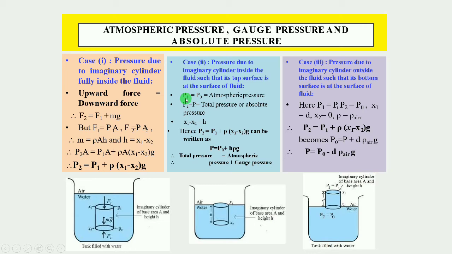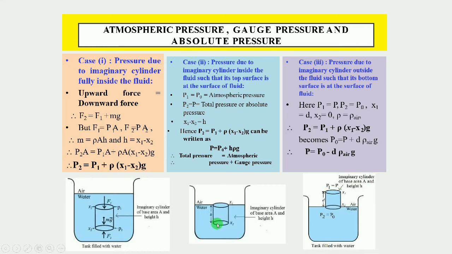So you can again apply your equation. P1 here is actually atmospheric pressure. At the top of the imaginary cylinder, the pressure which is acting is nothing but atmospheric pressure. So you can write P1 equal to P0, which is atmospheric pressure.